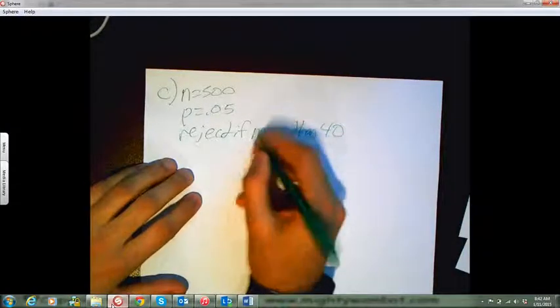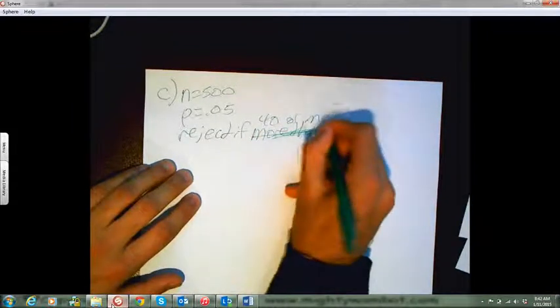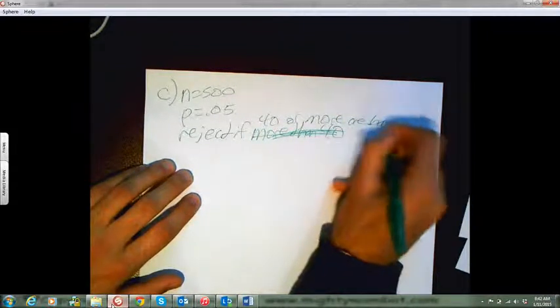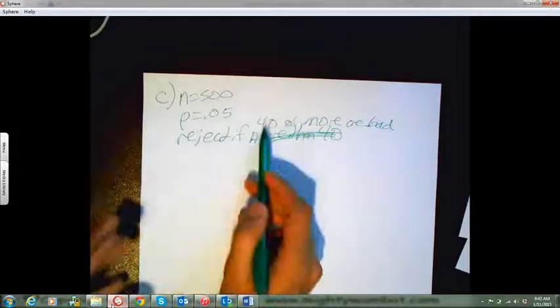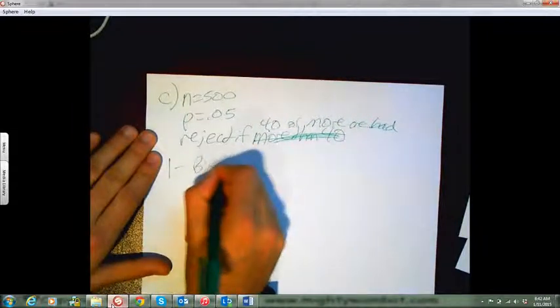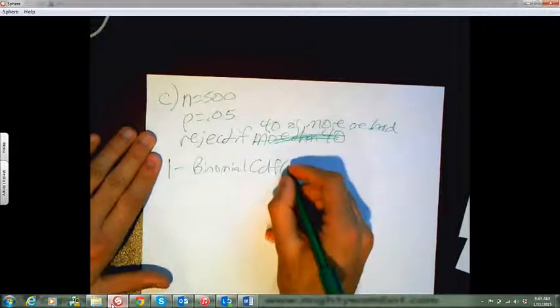Sorry, 40 or more are bad. Why is it 40 or more? Because it says reject if 8%, 40 or more are bad. So 1 minus binomial CDF 500, 0.05, 40.